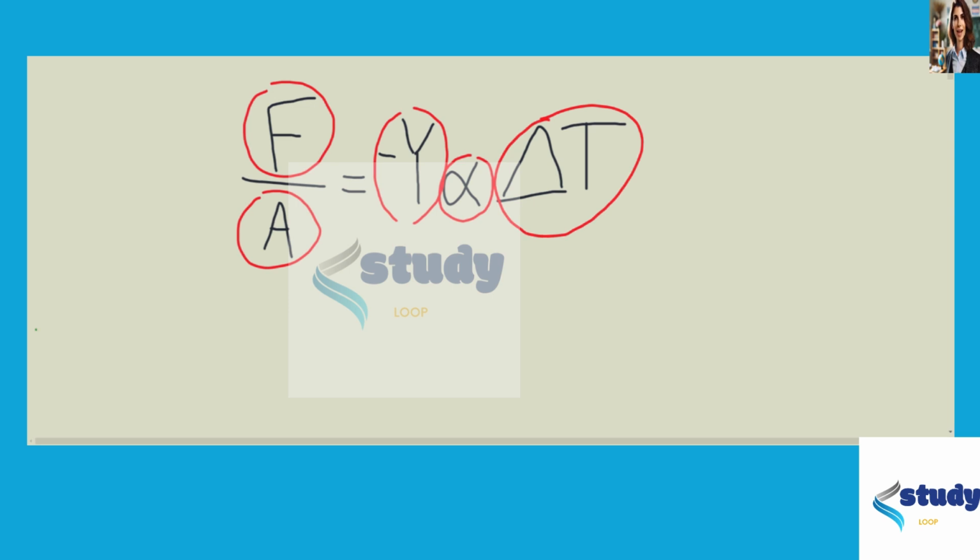Okay, so let's start finding our values. So for our area, it's a circle. So it's pi r squared, where r is the radius, and radius is half the diameter.